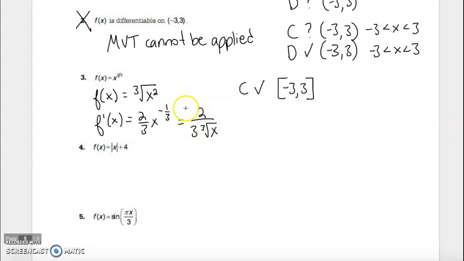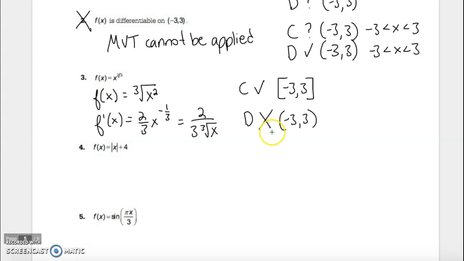And now I ask myself the same question: is there anything that would make this undefined? I can have positive and negative numbers under a cube root, and you can have 0 under a cube root. The problem comes with the fact that the cube root is in my denominator. If I plug 0 into this function, I'm going to get 2/0, which is undefined. And 0 is definitely in the interval from -3 to 3.